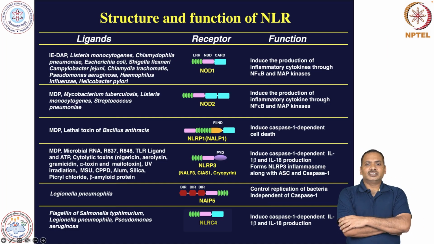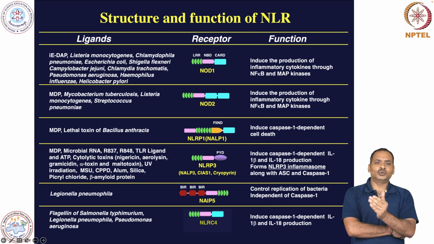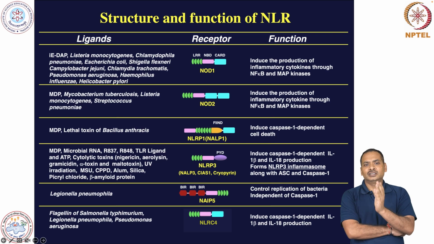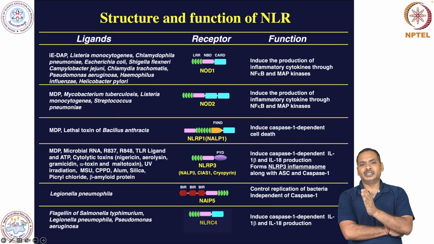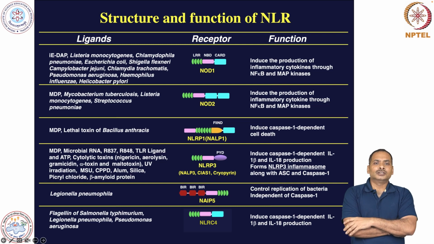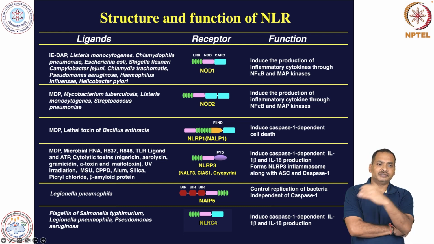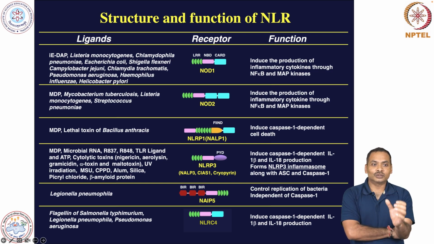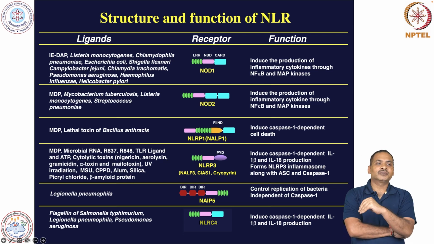Here you can see NOD1 and NOD2. They have a leucine rich repeat domain, a nucleotide binding domain or NOD domain, and a CARD domain. NOD1 basically senses IE-DAP, and I will explain IE-DAP in more detail in the next slide.